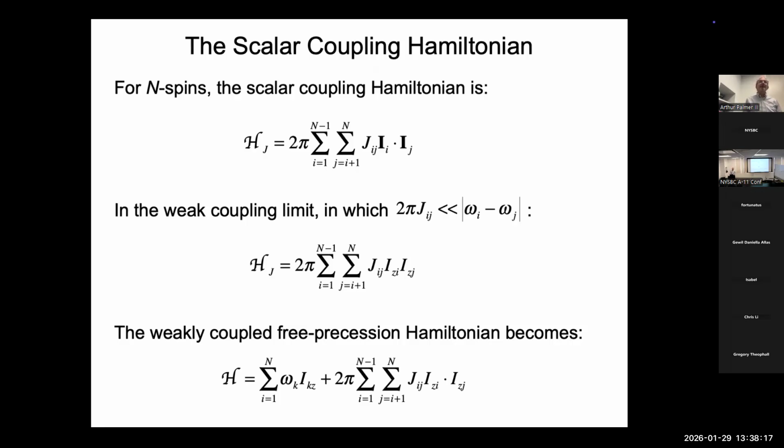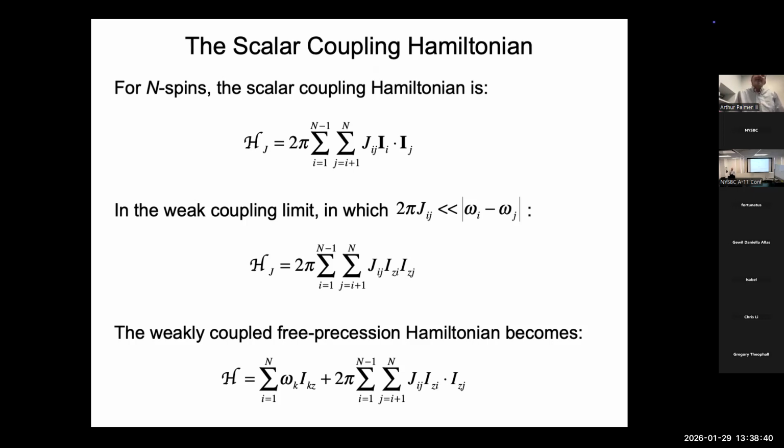As we go to bigger and bigger magnets, the scalar couplings are the same, but the frequency difference gets larger and larger, scaling linearly with the field. So the bigger the magnet, the more likely you are to be in the weak coupling limit, which is a nice simplification.